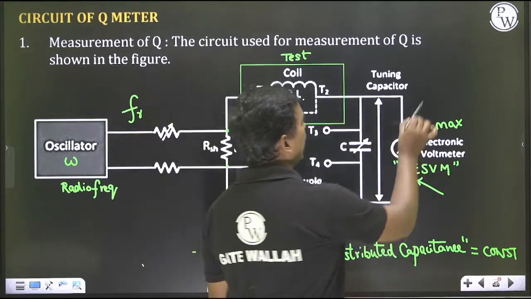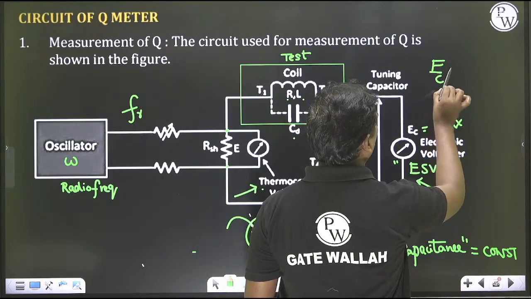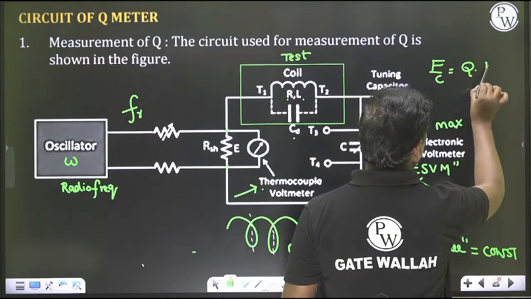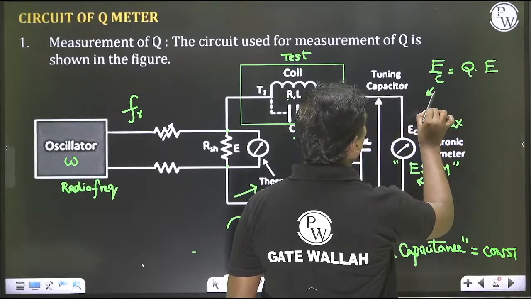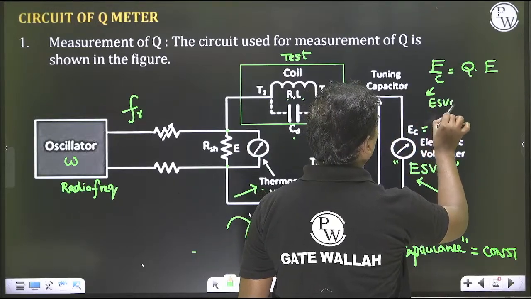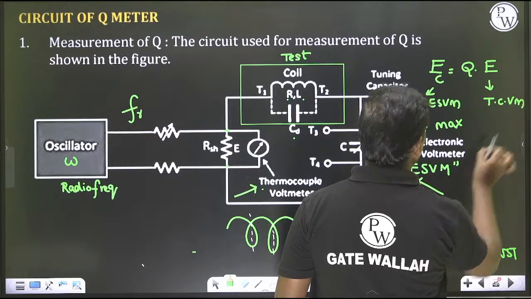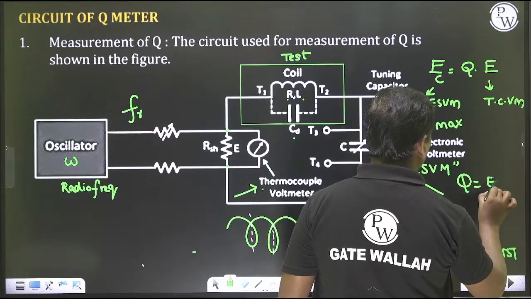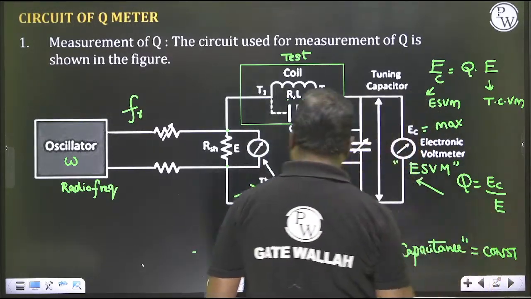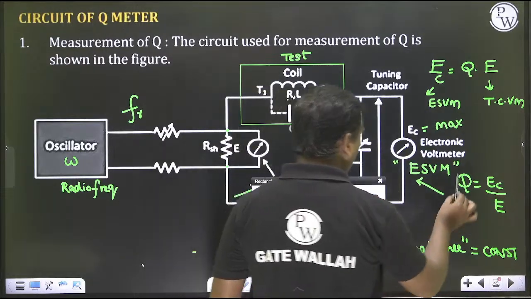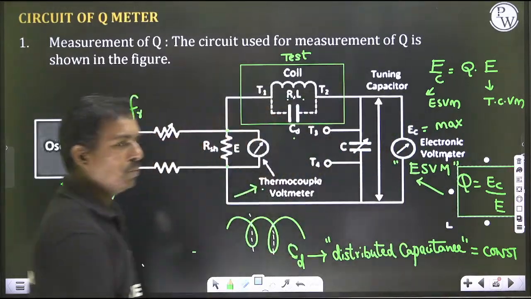The voltage across the capacitor is maximum if and only if it is Q times E. EC you get from the electrostatic voltmeter, and E is available from the thermocouple voltmeter. So Q you can get directly: Q is equal to EC by E. This is one of the important techniques, my dear students. This is the first measurement of Q.